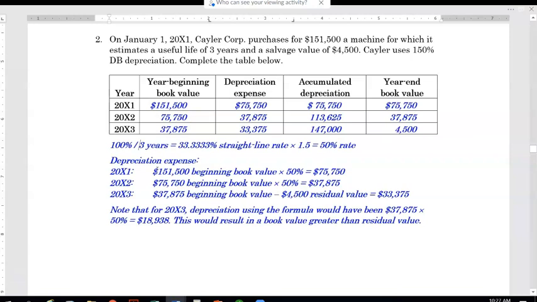50% multiplied by original cost gives us 75,750 for year one. And you put it right there.